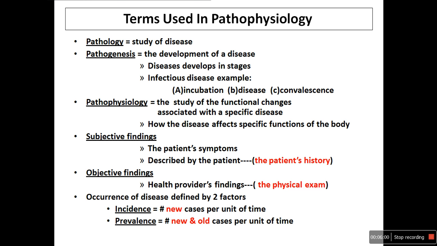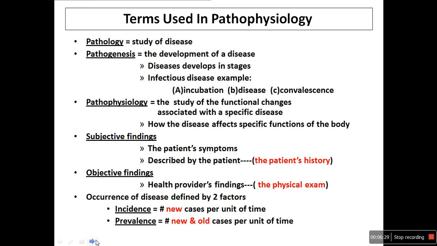Occurrence of disease defined by two factors. حدوث المرض يتم تعريفه عن طريق عاملين. الانسيدنس. What is incidence? Incidence is the number of new cases per unit of time.